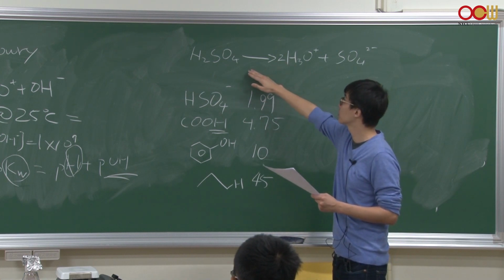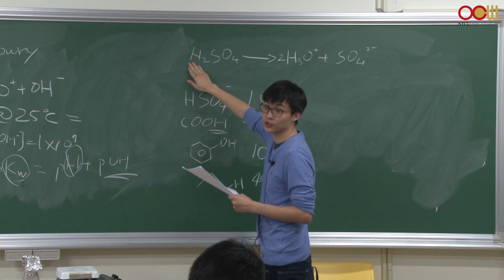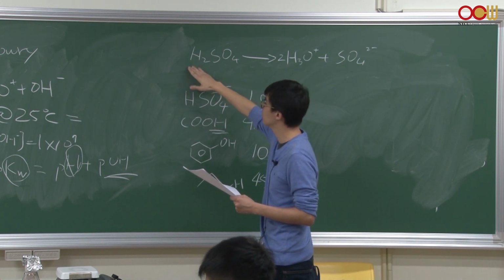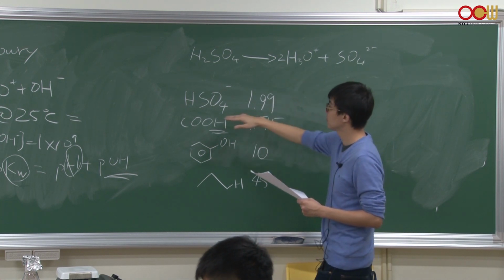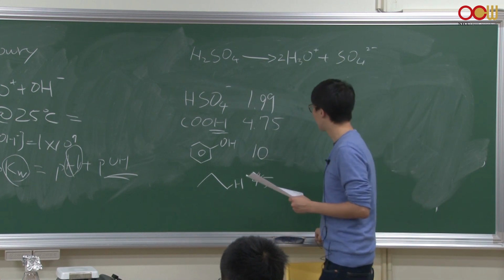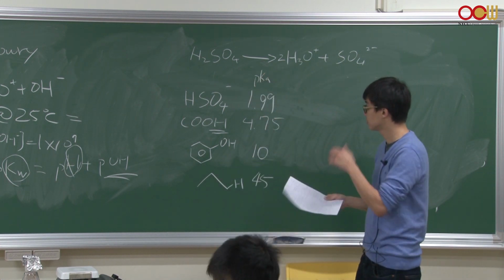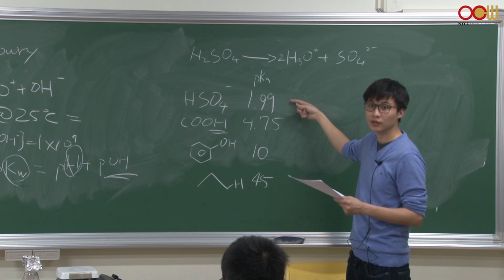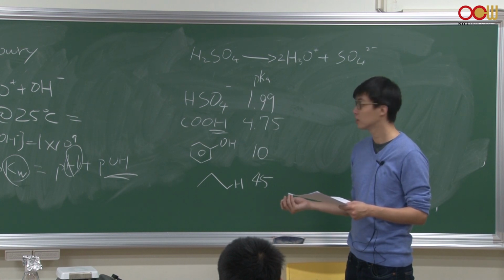Because for the first one, the dissociation equilibrium constant to lose 1 hydrogen is so large that you can't really get a value for pKa, okay? But for the second, it's actually measurable. You can get a pKa of 1.99. And the smaller this value, the easier it is for this compound to lose a proton, okay?